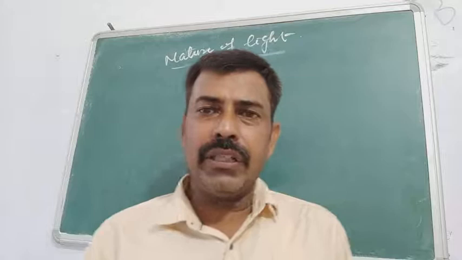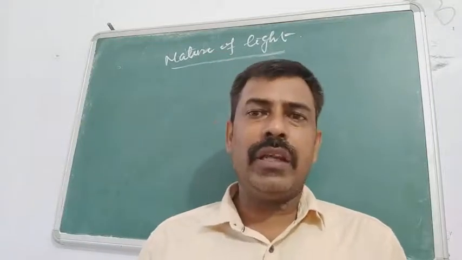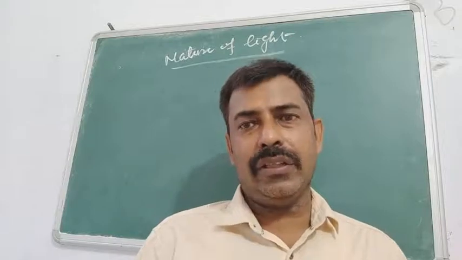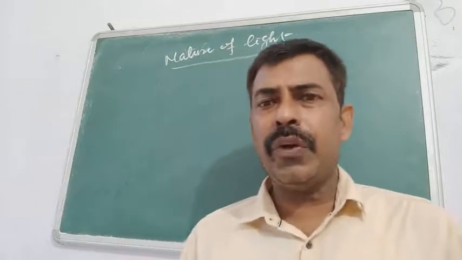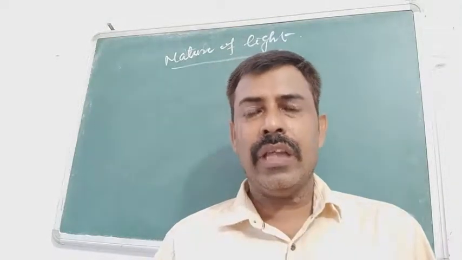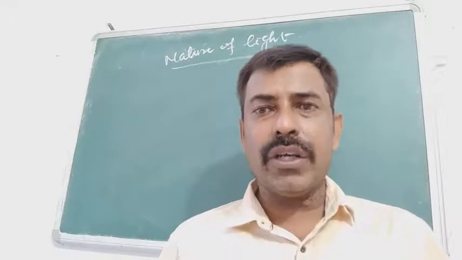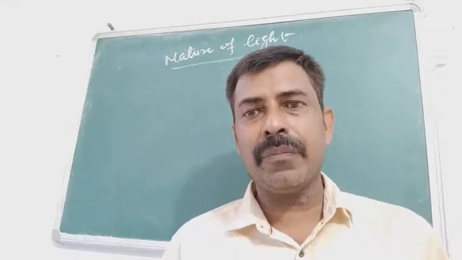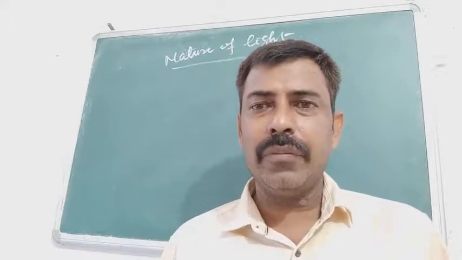When we discuss the nature of light, first of all, we thought that light is a wave by nature, a perfect classical wave. But when you studied in lower classes, especially in class 10th, the teacher said that a wave can't travel in the absence of a medium.